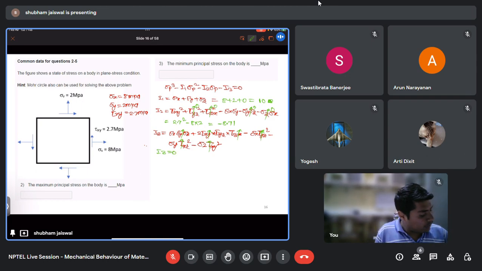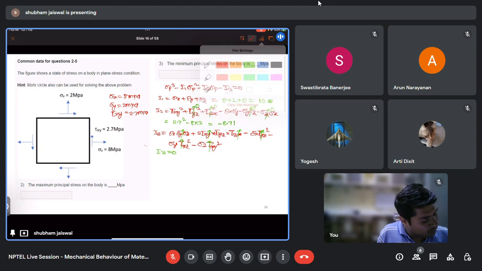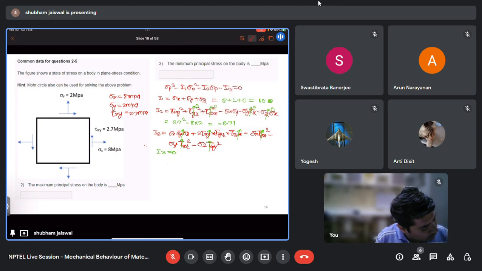Now put these values in the above equation. We will get sigma p cubed minus 10 sigma squared minus 8.71 sigma minus 0 equal to 0.